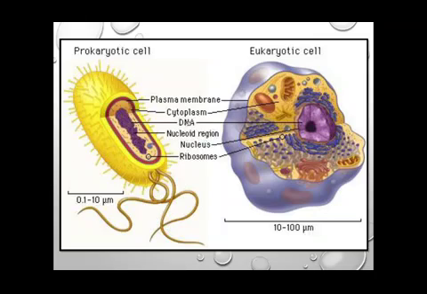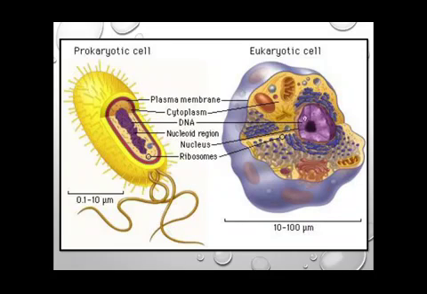Now let us understand it by these figures of the prokaryotic cell and the eukaryotic cell. As you can clearly see, the size of the prokaryotic cell varies from 0.1 to 10 micrometers. It is smaller in size, while the eukaryotic cell varies from 10 to 100 microns, and it is bigger in size. The ribosomes are seen scattered in the cytoplasm, while in the eukaryotic cell they can be found scattered also, or attached on the endoplasmic reticulum.